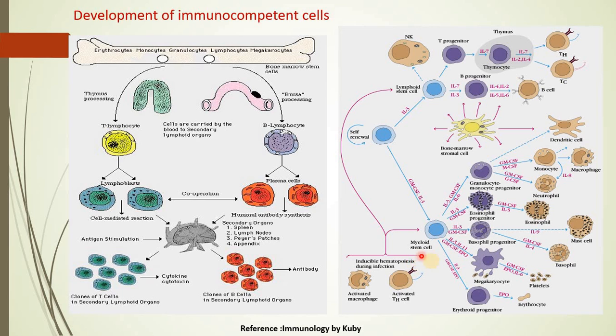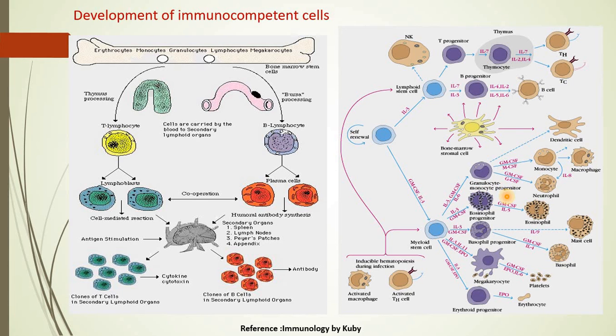Likewise, when we talk about the myeloid stem cells, they give rise to different types of progenitor cells like the granulocyte-monocyte progenitor cell, eosinophil progenitor cell, basophil progenitor cell, megakaryocyte progenitor cell, and erythroid progenitor cell.